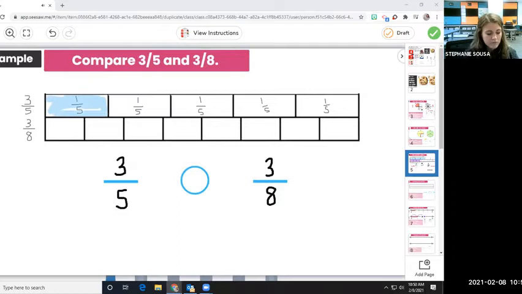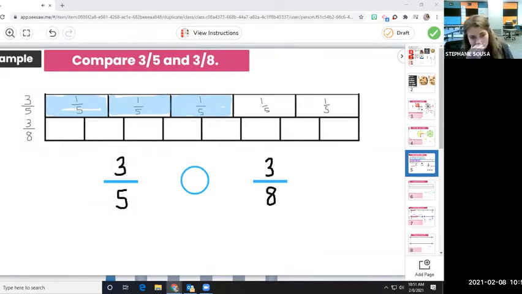1/5, 2/5, 3/5. The problem asks me to compare 3/5 to 3/8.